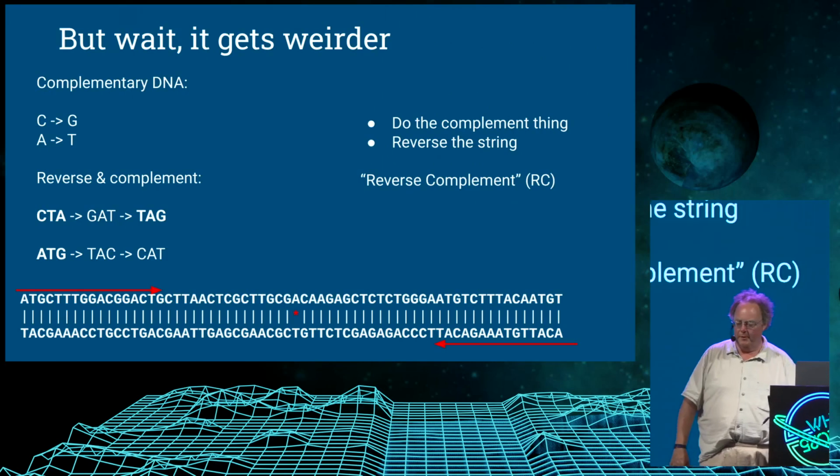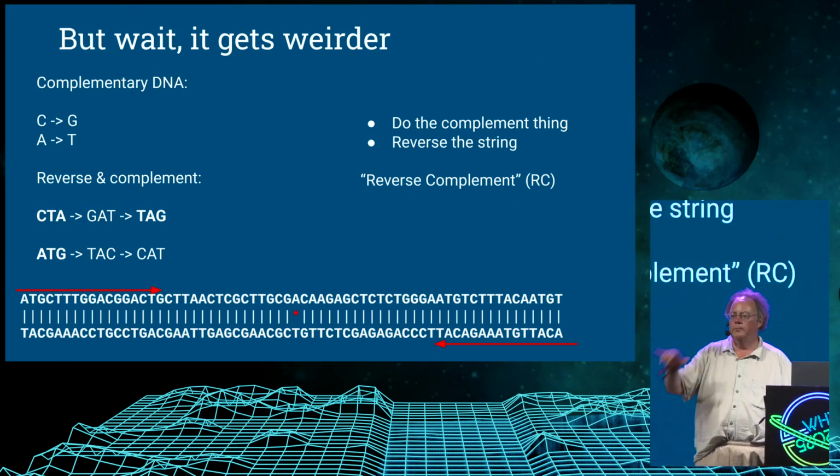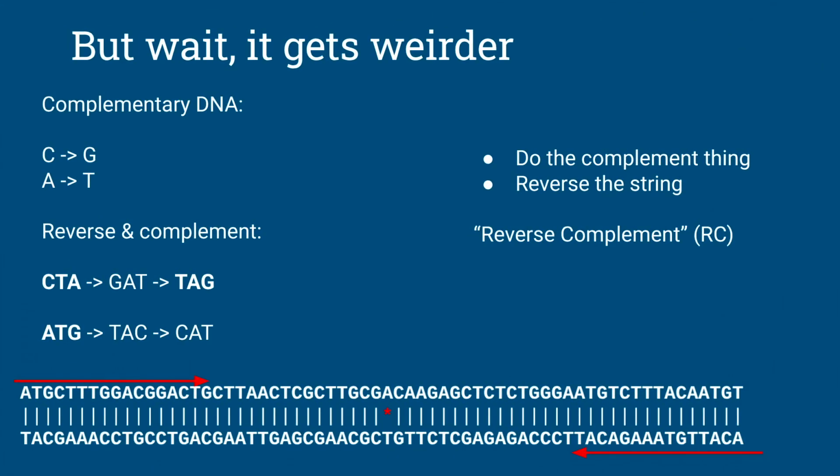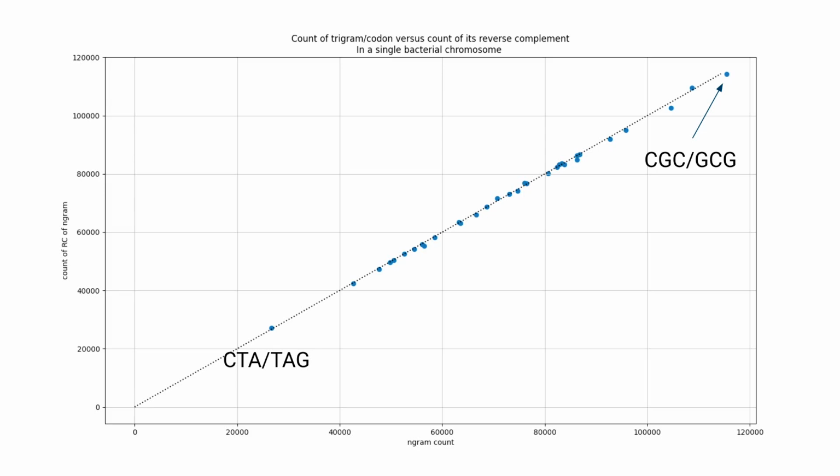But it gets a bit weirder. You can also take longer strings of DNA, and then imagine what they would look like on the other side of the DNA. That's called reverse complement. And we saw that there's the same amount of C as G, which is weird, but it turns out that even if you do this for longer strings, there is the same.